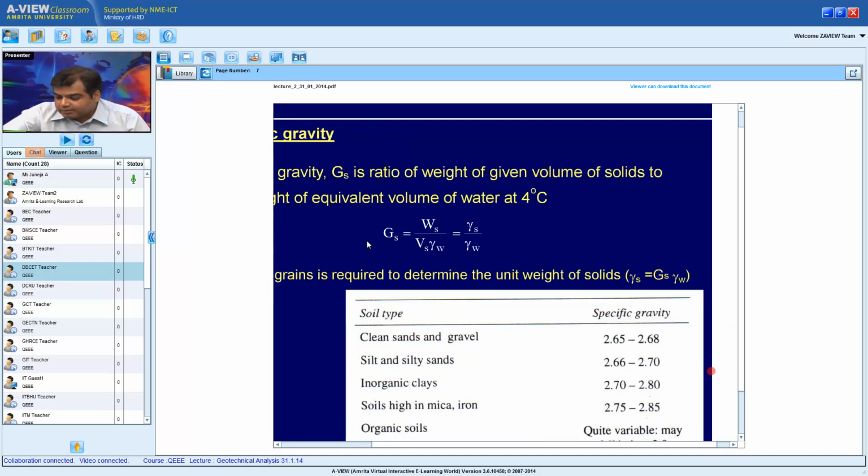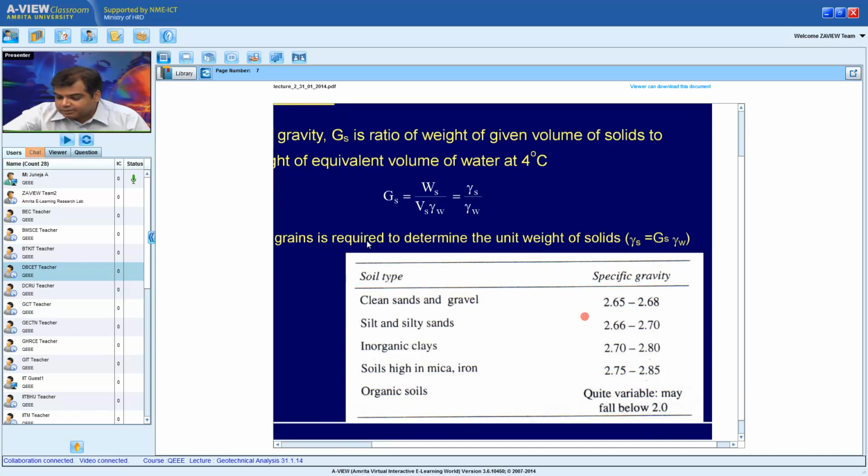Let's look at some of the typical values of the specific gravity. The numbers vary around 2.65. They actually move from 2.65 to about 2.7, and may have a slightly higher value, but the numbers are very close. In fact, you would find any soils on this planet to have a similar number.